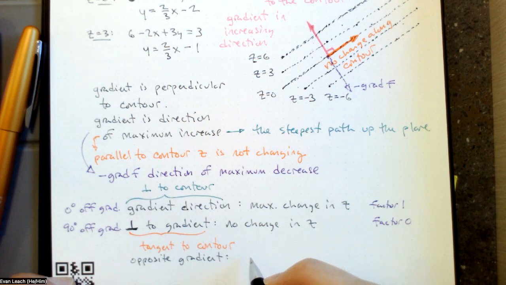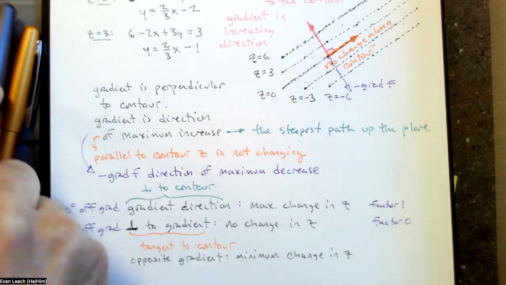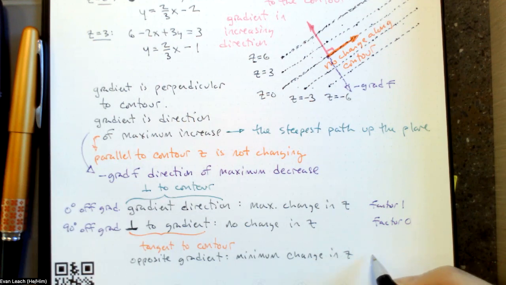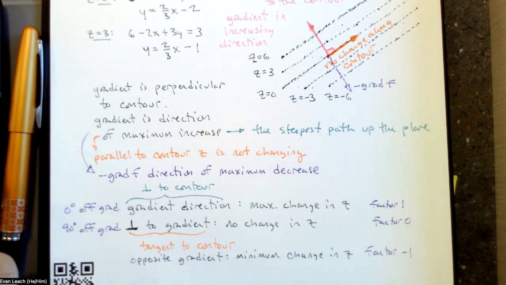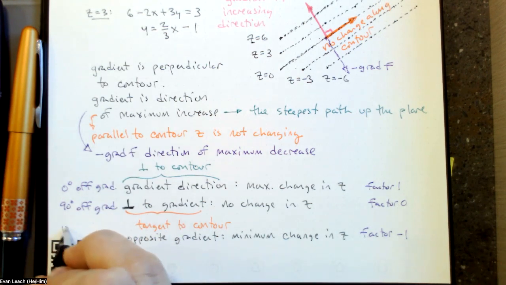That's going to be your minimum change in z. That's going to be a factor of negative 1. Oh, and that could be like that's 0 in the other direction. So well, that's not 0 off the gradient. That's 180 off the gradient. So let's call that 180 off the gradient.